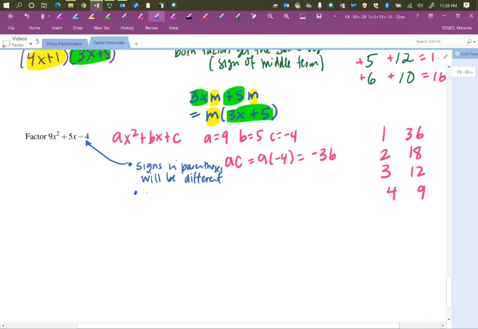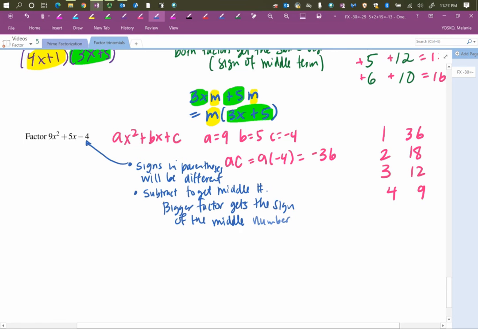And we also know that we will subtract to get the middle number. The bigger factor will get the sign of the middle number. The sign of the middle is a positive, so positive for the bigger one. They have to be different, so the other is a negative. Does that make sense?